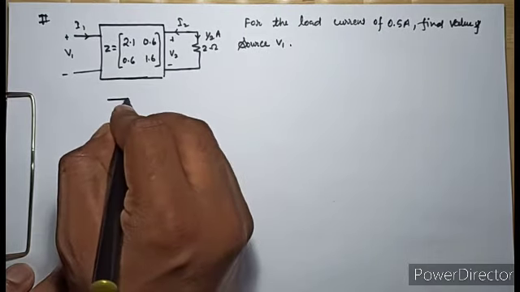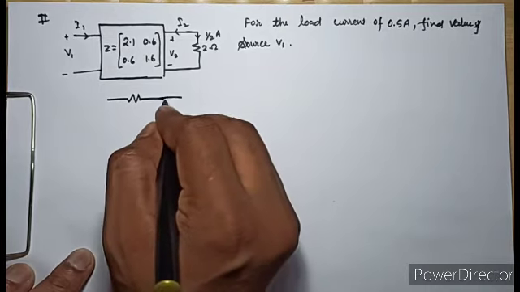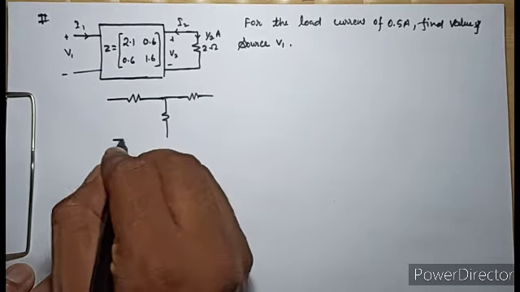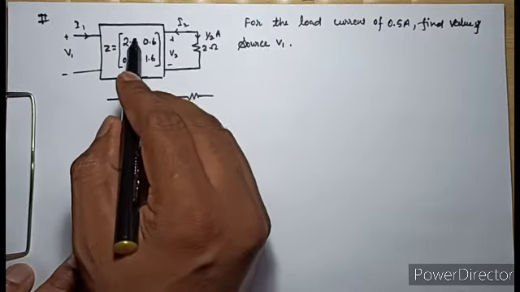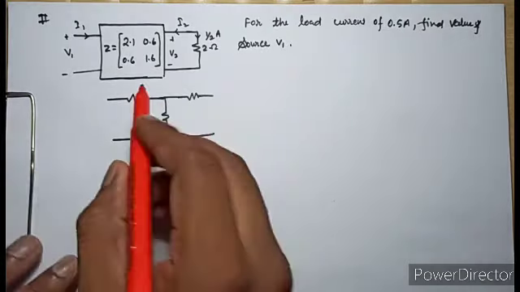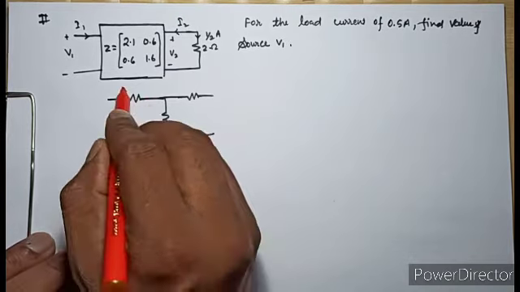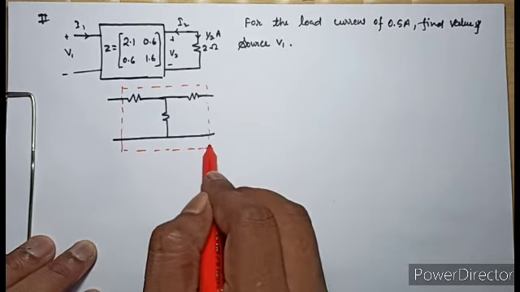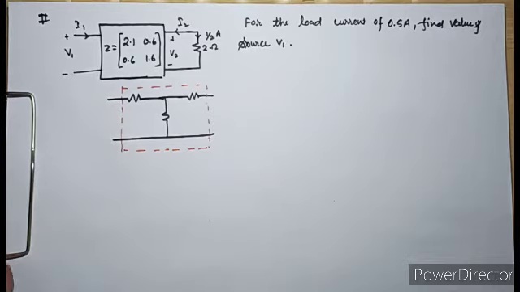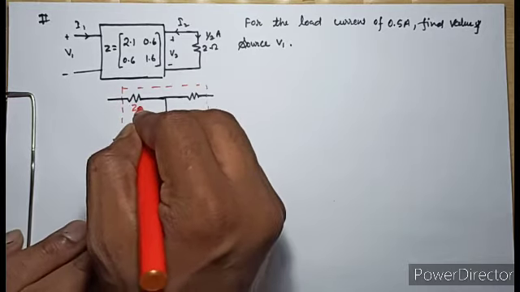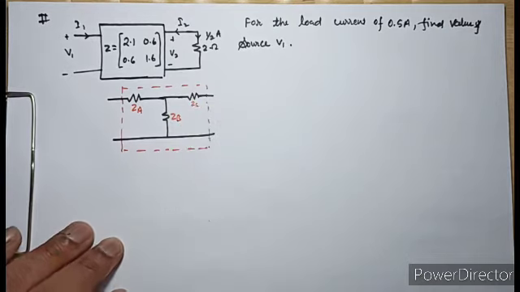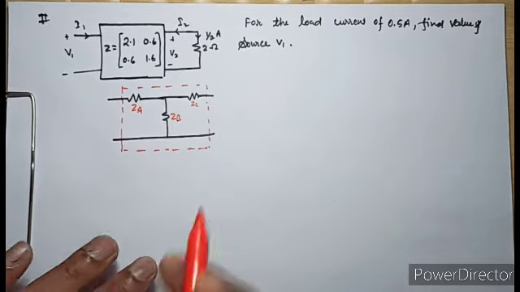So can't we represent this Z by this network? Isn't it? Can you represent? Yes, obvious. This is ZA, this is ZB, this is ZC, right?